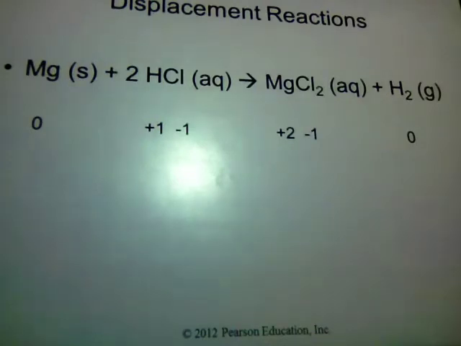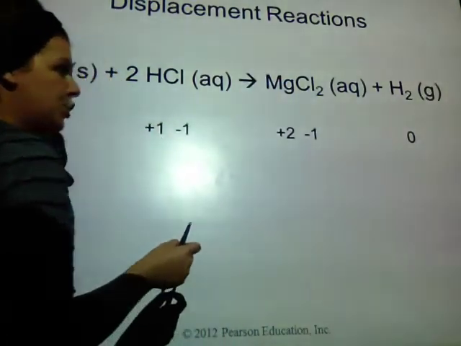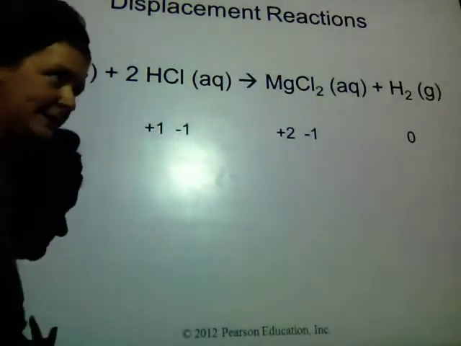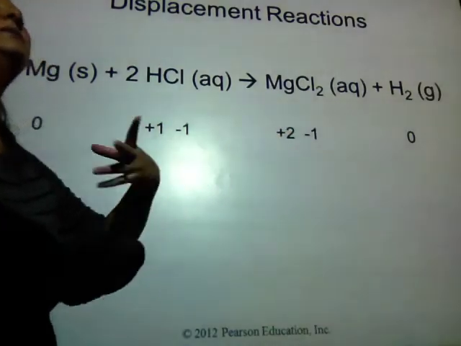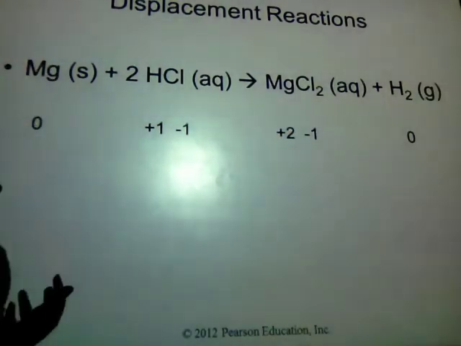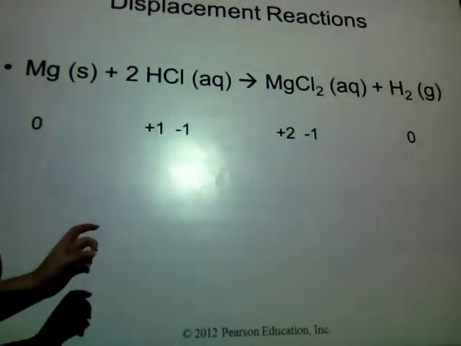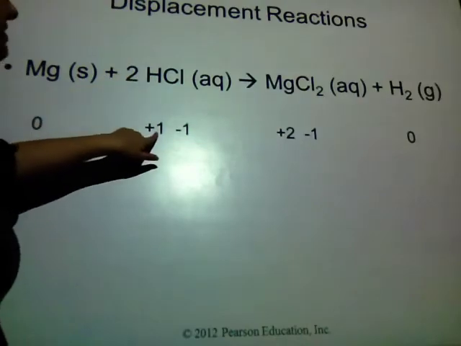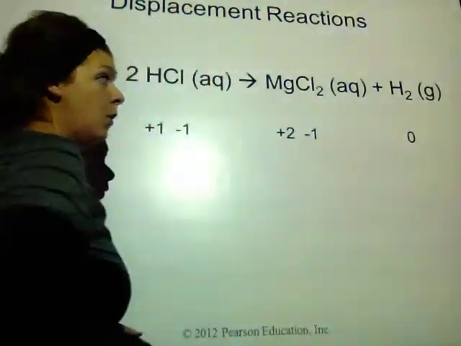So if I look at this, magnesium went from an oxidation number of 0 to an oxidation number of +2. So it became more positive. If it gained electrons, it would have become more negative. Because it became more positive, it must have lost electrons, meaning that it was oxidized. So magnesium in this case was oxidized. Now, hydrogen here was a +1, but on this side, hydrogen is 0.